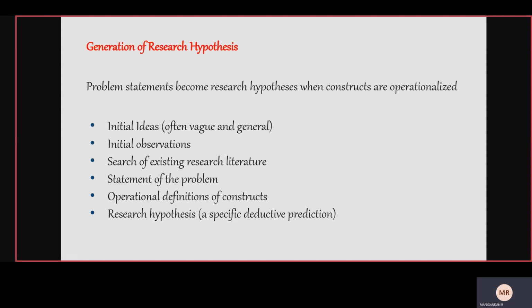Next is the statement of the problem. It indicates the main problem you are facing in your research, so you need to specify it. Operational definitions of a construct indicate what construct I need to frame. The research hypothesis should be framed in a deductive or predictable manner.